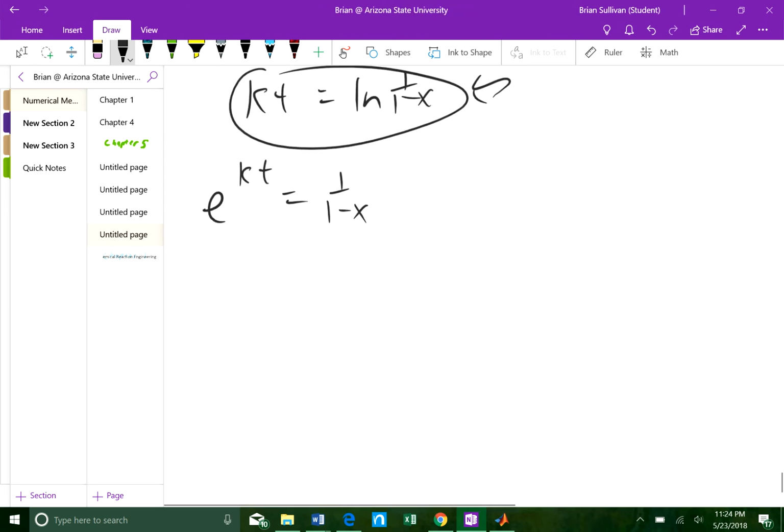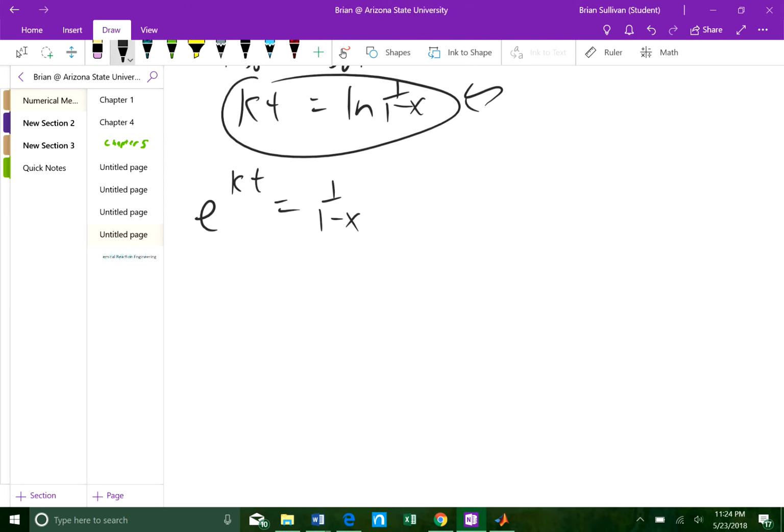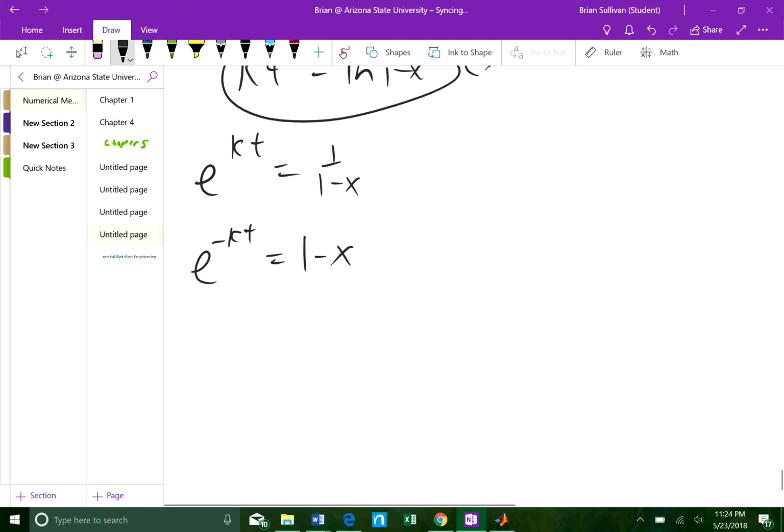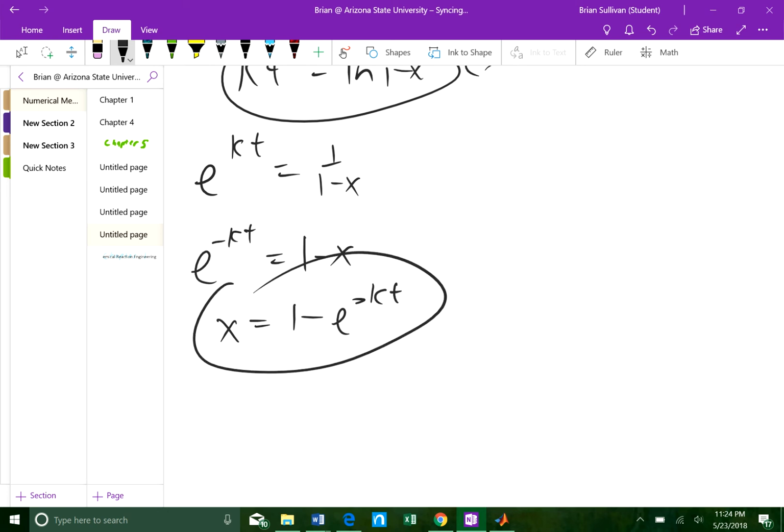So we flip both sides: e to the negative kt is equal to 1 minus X. Let's add X to the other side and subtract e to the negative kt, so swap them out. Hey, look, we know the conversion as a function of time inside of a batch reactor.